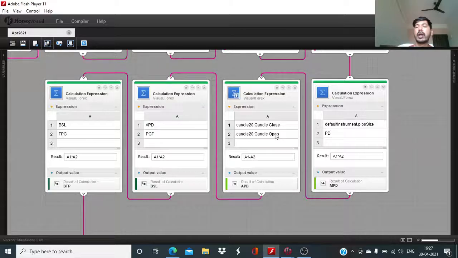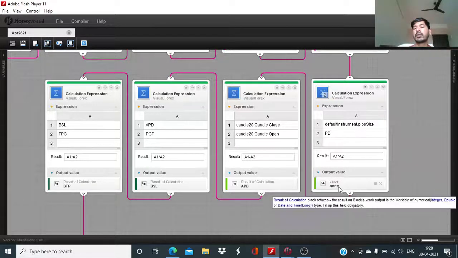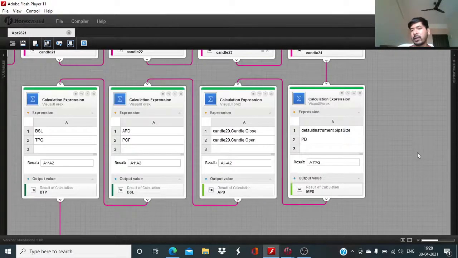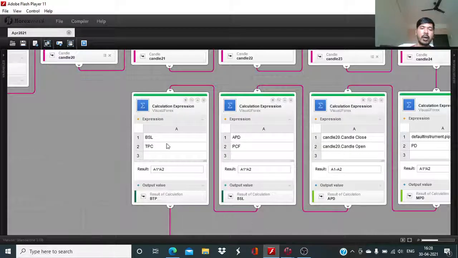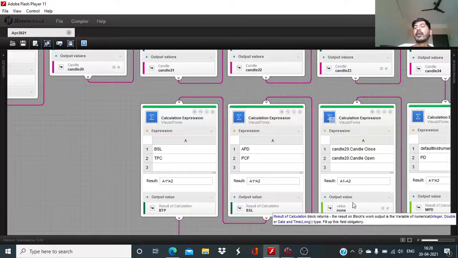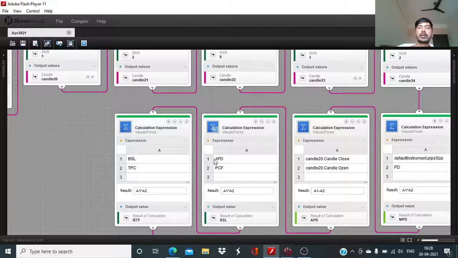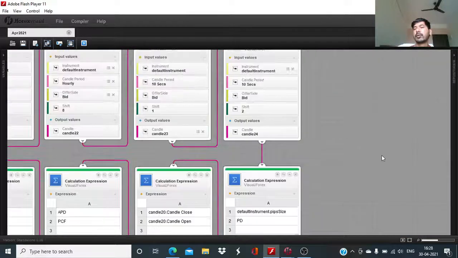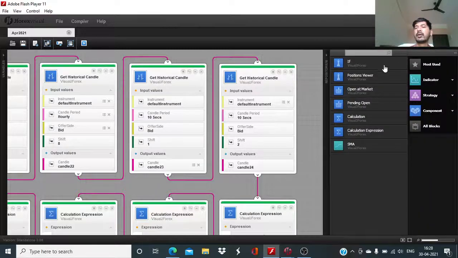We will need to deduct the closing value from the opening value, as in case of the sell trade we want the closing value to be lower than the opening value, and then the difference between the two values should be, as I have said multiple times, more than this minimum pip difference, which is 10 pips. And also we will have to define the stop loss and target price depending on this value separately for the sell side. So we start with the calculation expression.